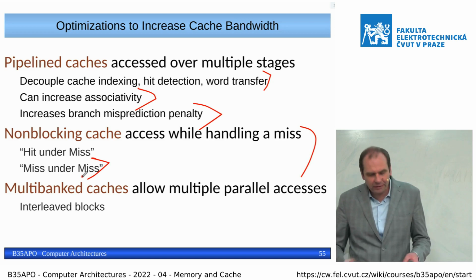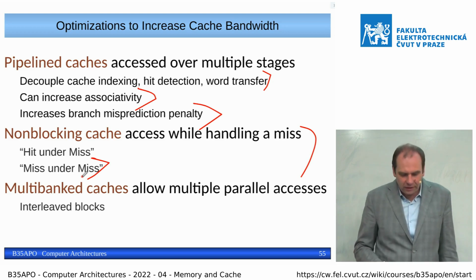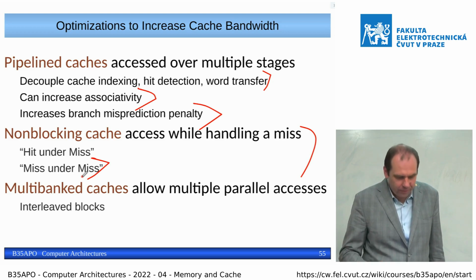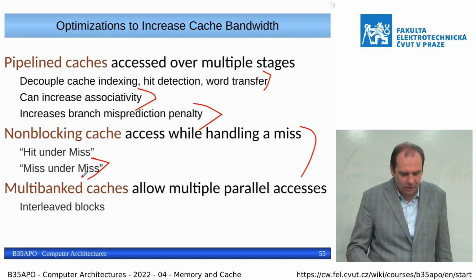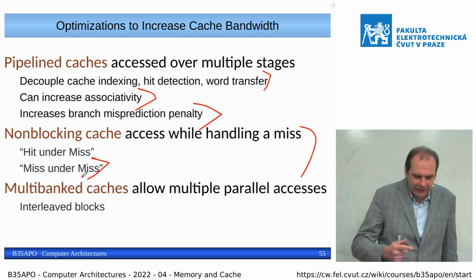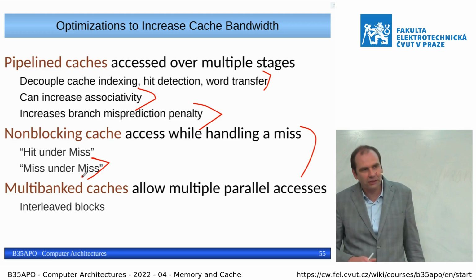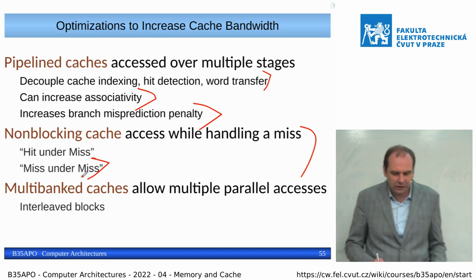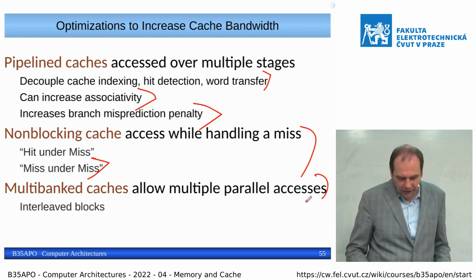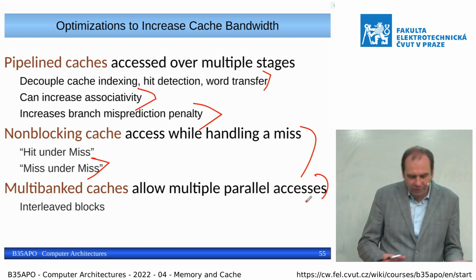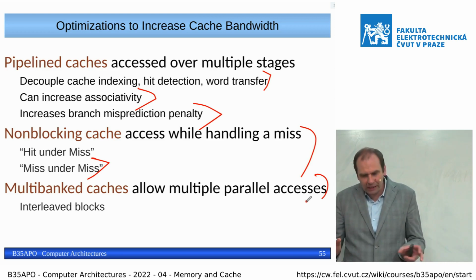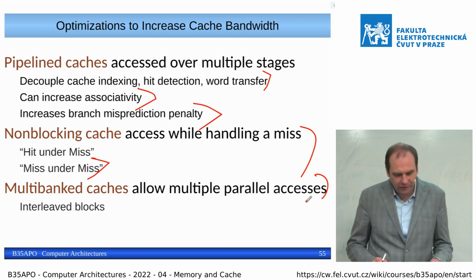This is that we do not block on the miss of the access to the cache, and basically try to execute the following instruction and then return to the instruction which was blocked on the cache. We can have multi-bank caches which allow parallel access to different banks, even to different locations and so on.